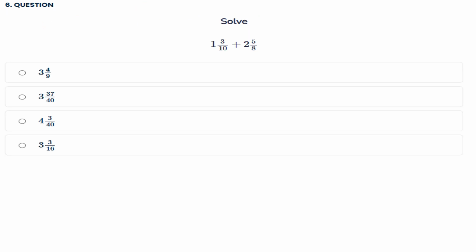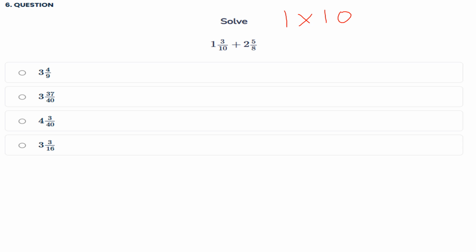All right, in question number 6, we have to solve for this fraction. We have mixed numbers, which means that we have a whole number mixed in with a fraction. So the first thing we need to do is turn these mixed numbers into improper fractions. So we're going to start with 1 and 3 over 10. To do that, you have to multiply 1 times 10.